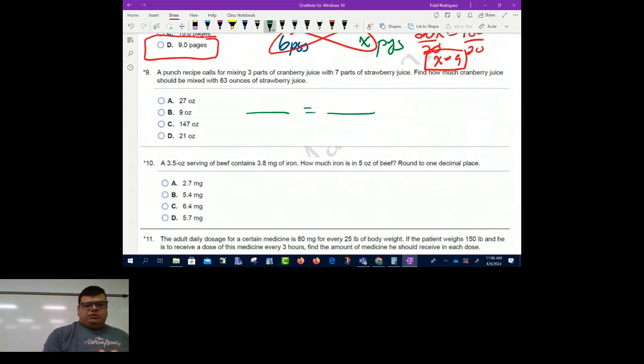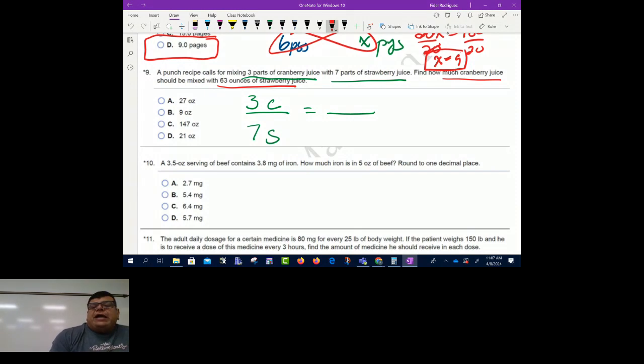Look what it says. A punch recipe calls for mixing 3 parts of cranberry juice. So look, 3 parts of cranberry with 7 parts of strawberry. Okay. Now the next part of it says, find how much cranberry juice should be mixed with 63 ounces of strawberry juice. Yo, if we have the strawberries on the bottom, we should put the strawberries on the bottom here, right? And then we're going to ask ourselves how much of the cranberry juice do we need?